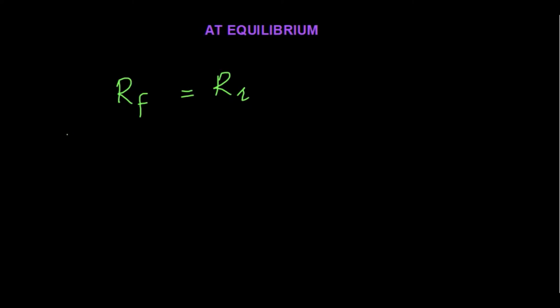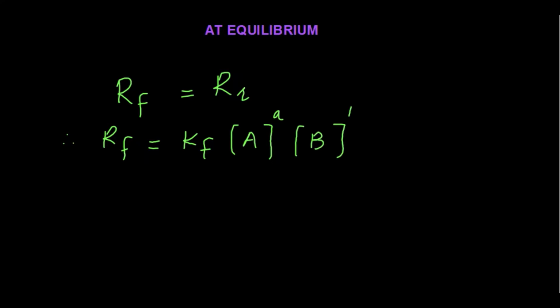Now by substituting the values of RF and RR, right students, we know very well RF is equivalent to Kf into [A] raised to the power a into [B] raised to the power b.